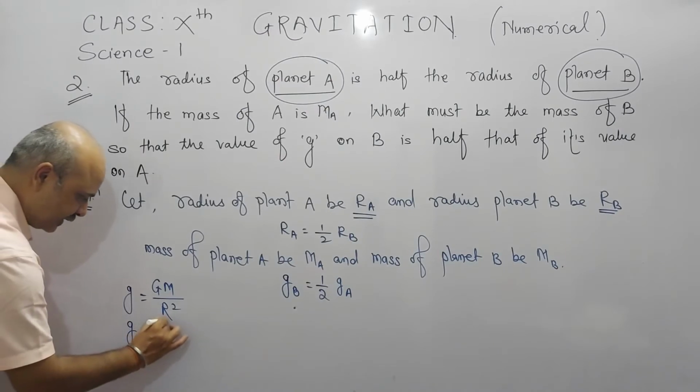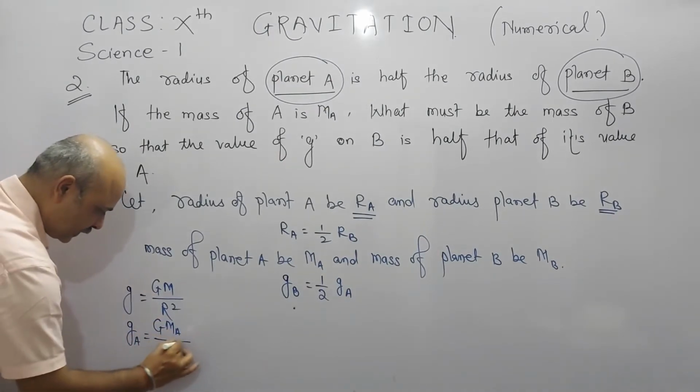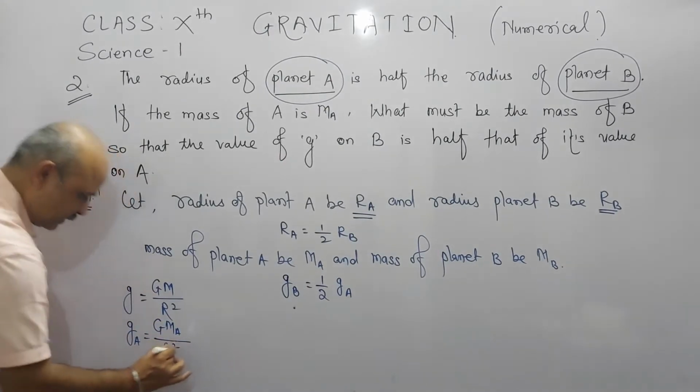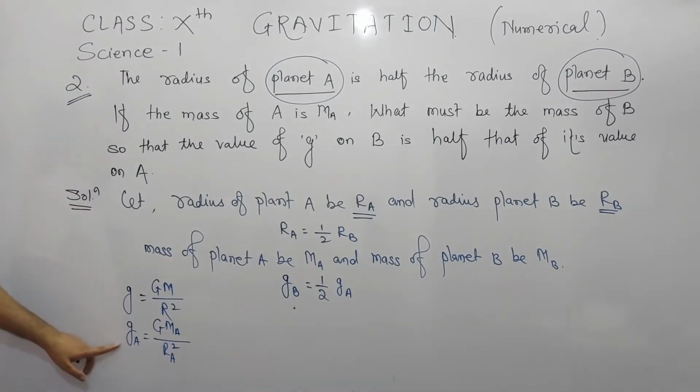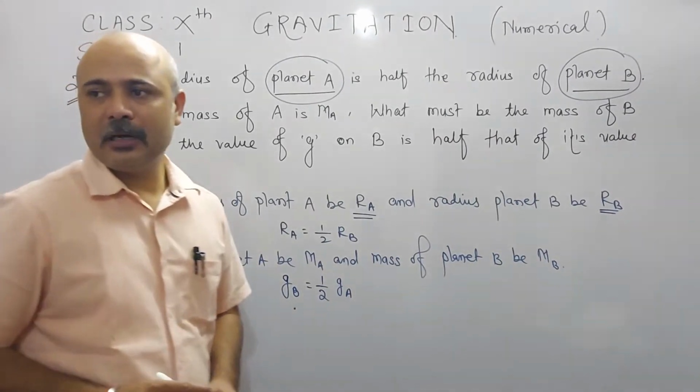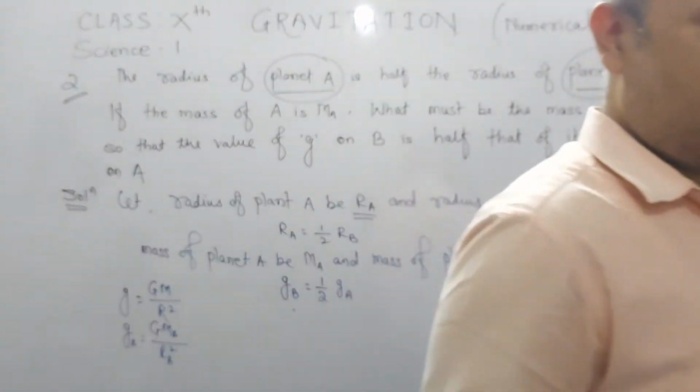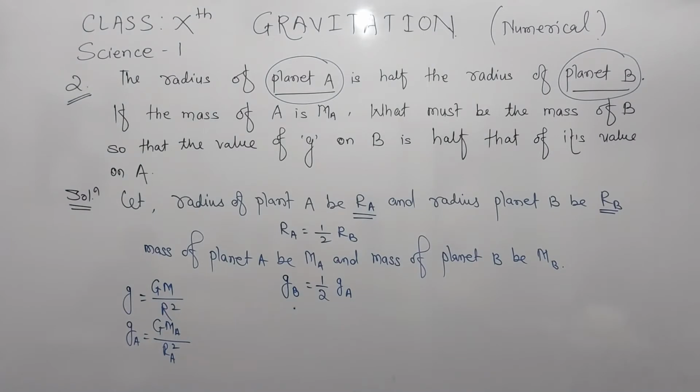This will be GMA upon RA square, because the acceleration due to gravity on planet A is GMA upon RA square, where MA is the mass of the planet A and RA is the radius of planet A.